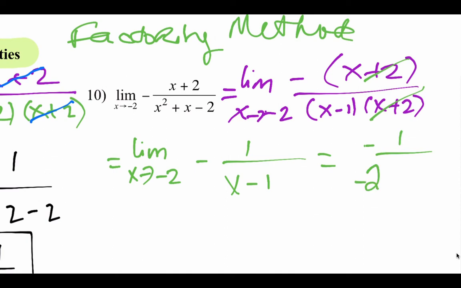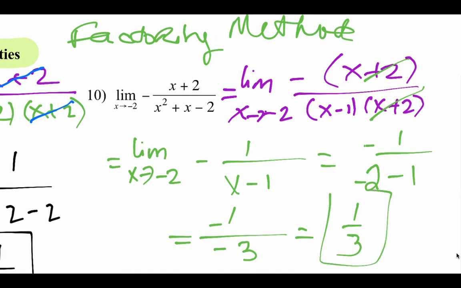Oops, negative 2 minus 1. Be careful with the negative, okay? This is negative 3, so the answer is 1 over 3. Be careful, because a lot of you make mistakes because you didn't pay attention to the negative in the front. So this is how you find the limit for removable discontinuity. You factor it out, cancel the common term, and then you can plug in the values.